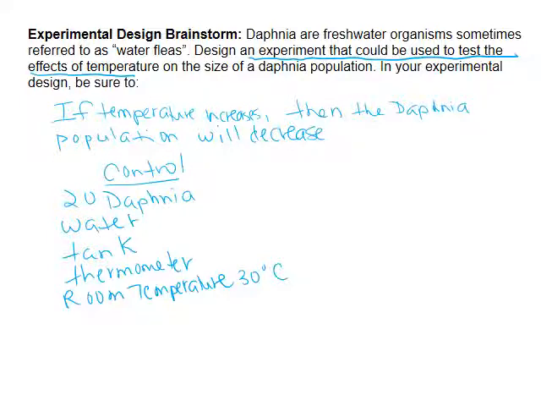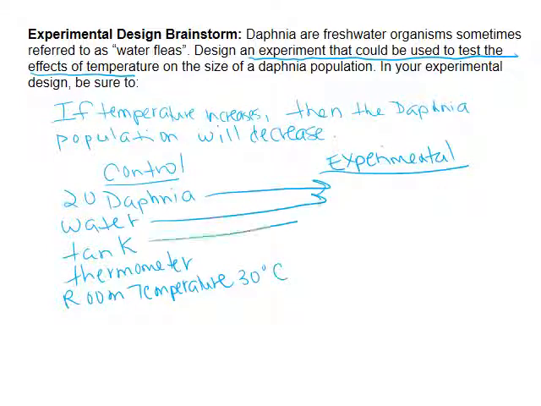Okay, and then in my experimental group, I'm going to put all of this stuff into my experimental group, except the temperature I'm going to increase to boiling, which is 100 degrees Celsius.